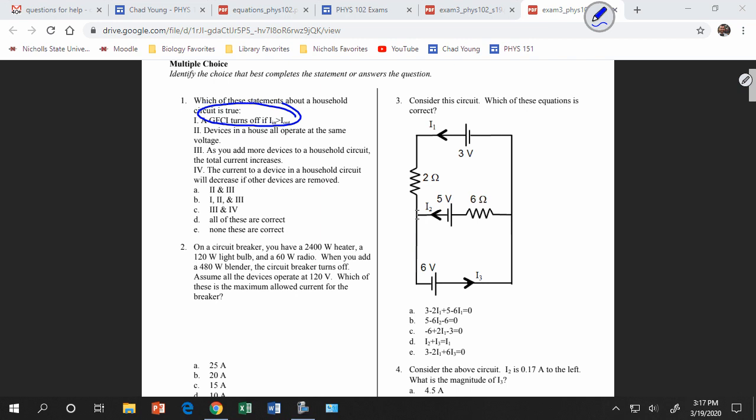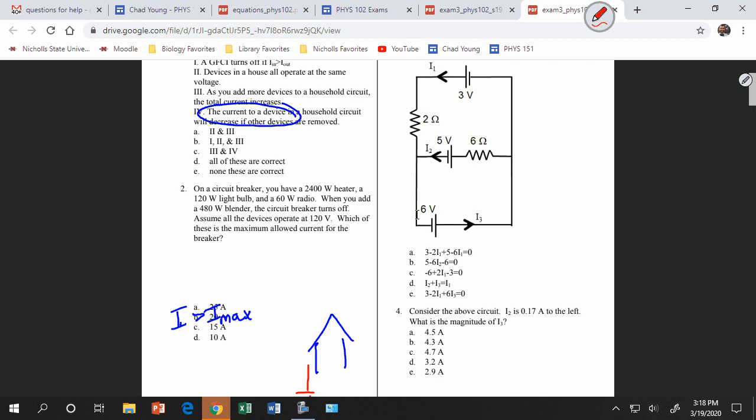The circuit breaker, which turns off if your total current exceeds some maximum current. And then also, the grounding. So the grounding is that 3rd prong, and in your house, there's a wire outside that goes to the ground.